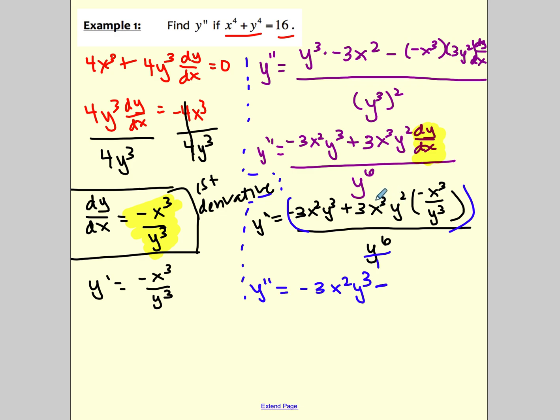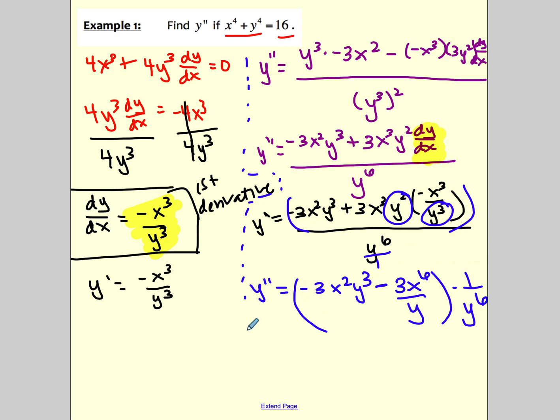I would have 3. X to the third times x to the third becomes x to the sixth. And now my y's, I have y squared over y cubed. So that would be over y. Okay, when I combine them, bring your smaller exponent to your larger. And then I'm going to multiply by the reciprocal of this one, so it's 1 over y to the sixth.